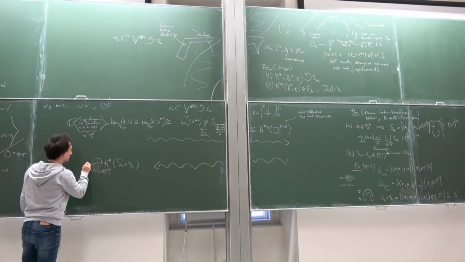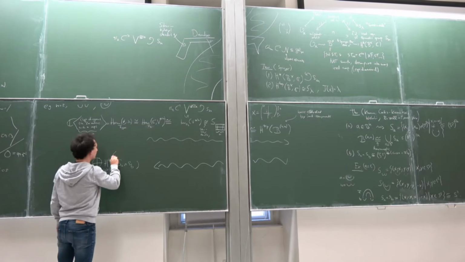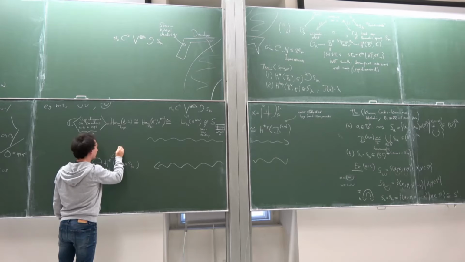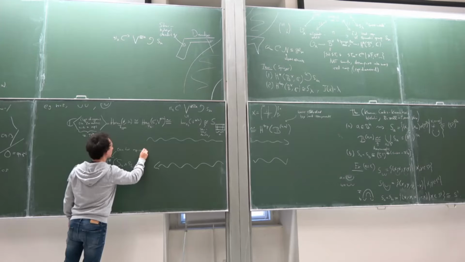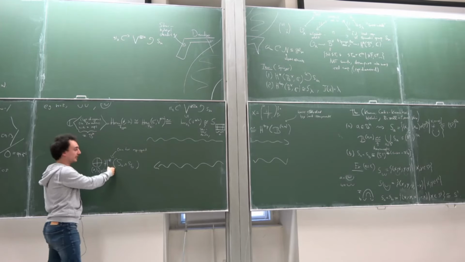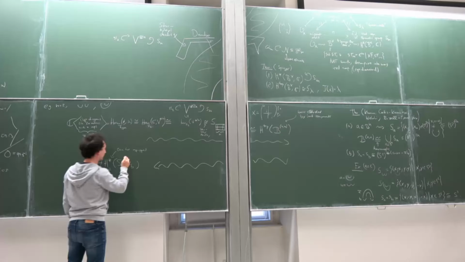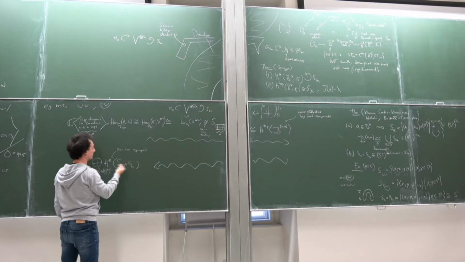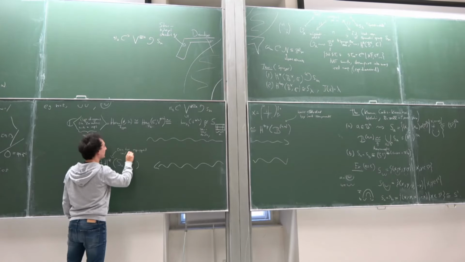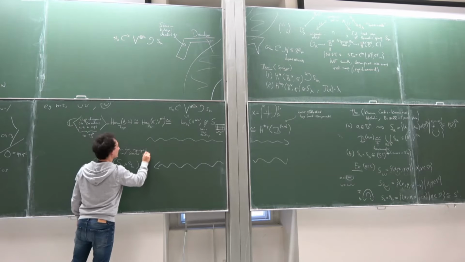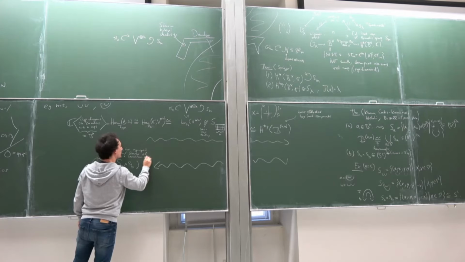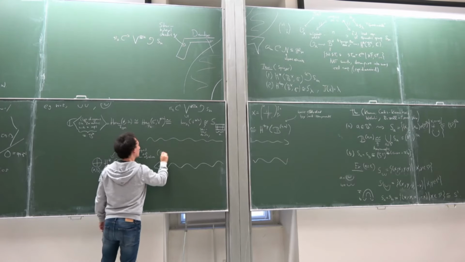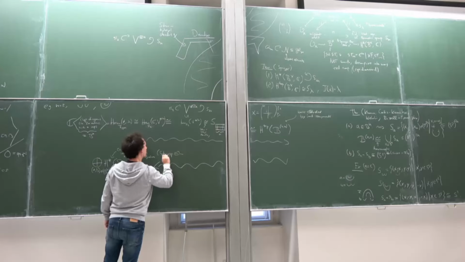And yes, so this can be equipped with the structure of a convolution algebra. So this is not only a vector space, it also is a graded vector space. So you get an associative graded algebra. Here can be equipped with the structure of a convolution algebra. So this is due to Stroppel and Webster.